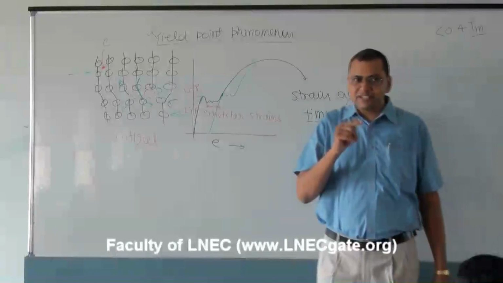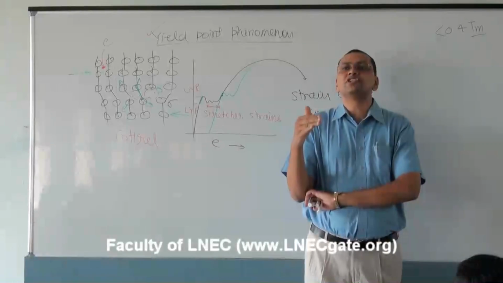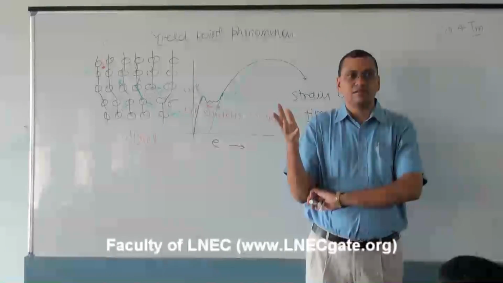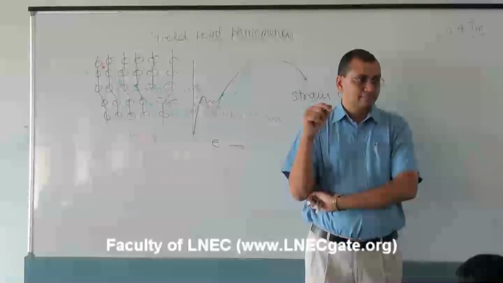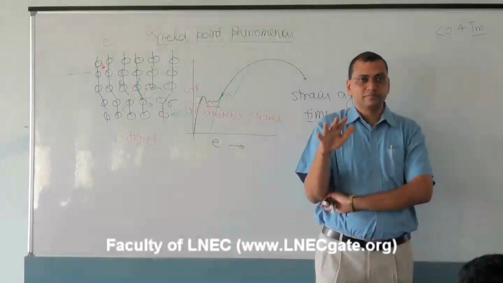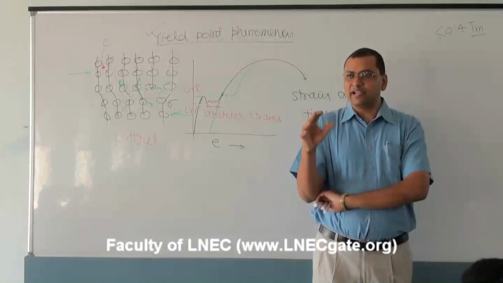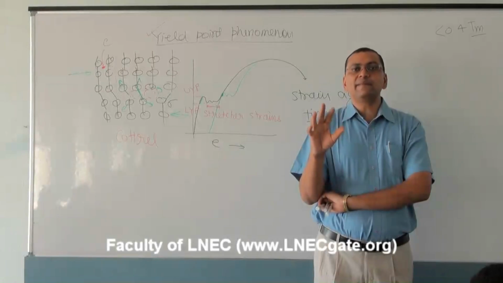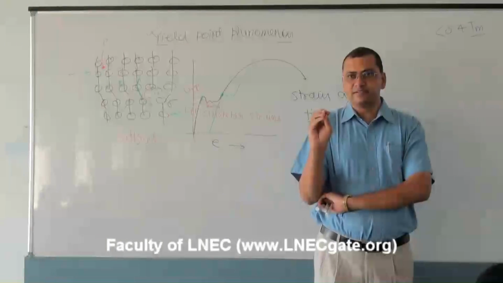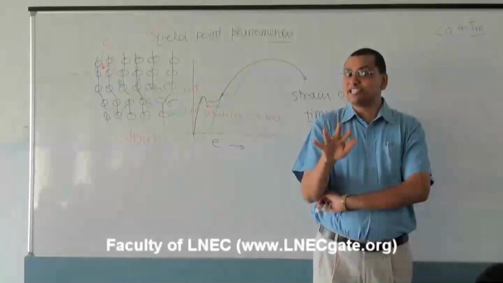As the percentage of carbon increases, let us say from low carbon steel to medium and high carbon steel, you will not find the yield point phenomenon. The reason is, when the percentage of carbon is higher in medium and high carbon steel, carbon is not only present at the dislocation site, but at the other interstitial sites as well.